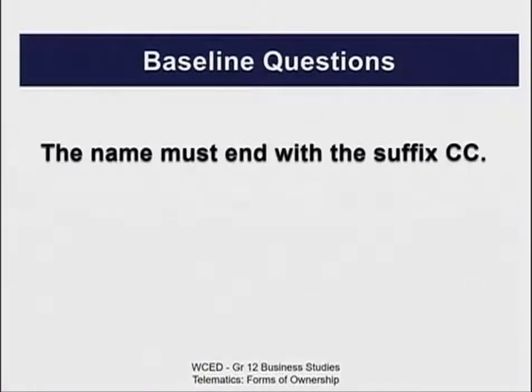Then the name must end with the suffix CC. Let's see the name of this form of ownership. They're typing. Port St. John's High says something, but I think this is a delayed answer because it's for the previous one. Masikanise also got a delayed answer. We got an answer from Tlokweng Senior Secondary, close corporation.